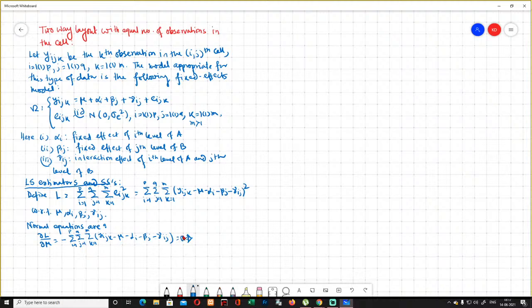This means the sum over i from 1 to p, j from 1 to q, k from 1 to n of Yijk equals pqn mu plus qn sum over i of alpha i plus pn sum over j of beta j plus n double summation of gamma ij. I denote this by equation number 1.